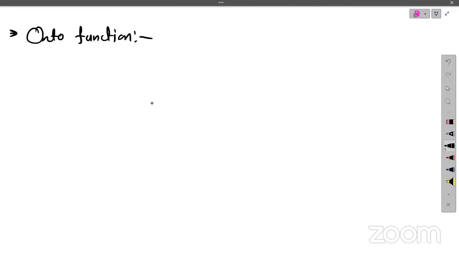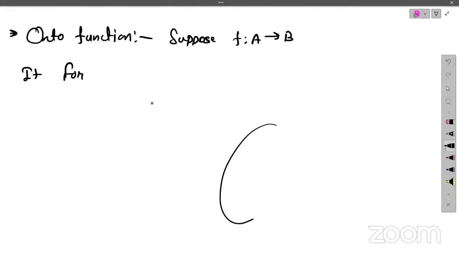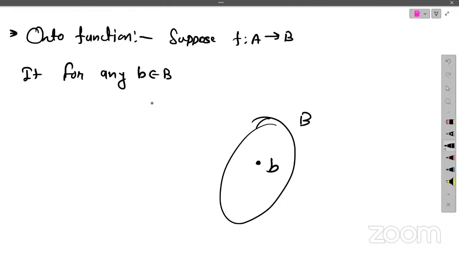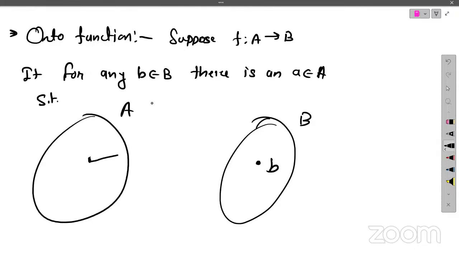We can also define it this way: suppose you have a function f from a set A to a set B. Then we say that this function is onto if for any b belonging to B, there is an a belonging to A such that this map will take this a to this b.